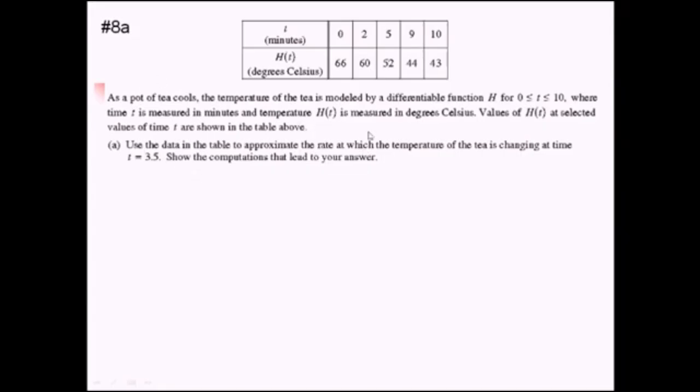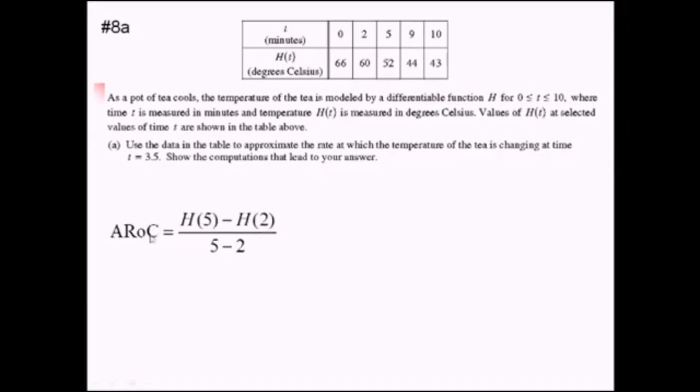Okay, so there's no way we're going to be able to find the exact rate, but we can approximate it by finding the average rate of change. So for that, we have 52 minus 60 over 5 minus 2. We're just going to use the values that are right around this 3.5 that we're looking for.